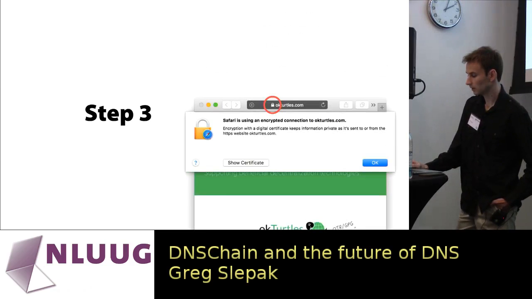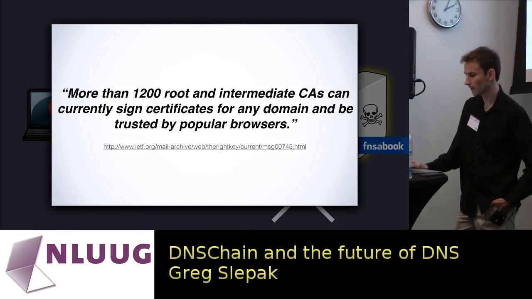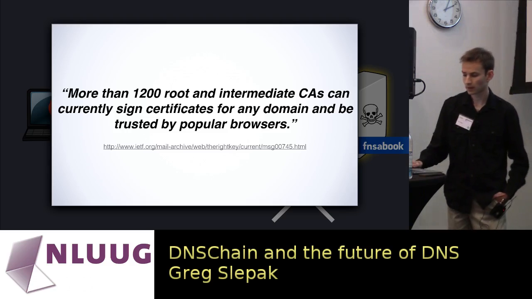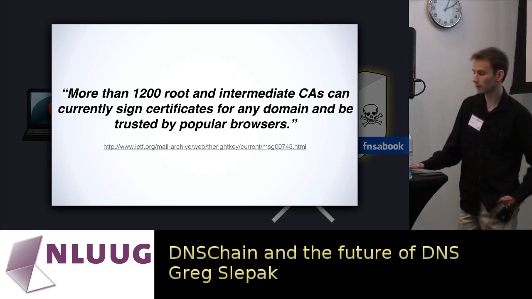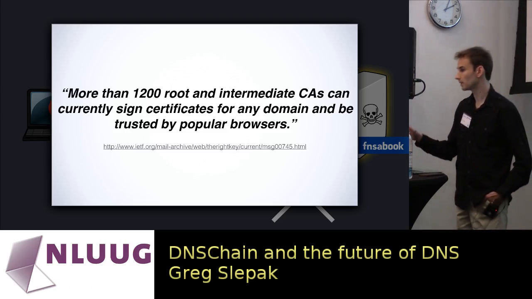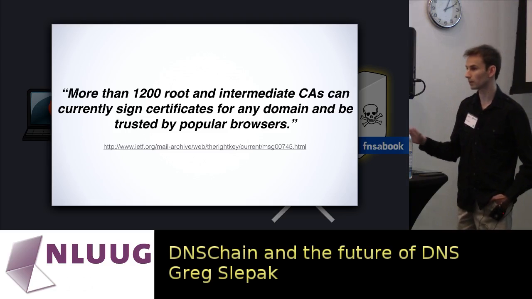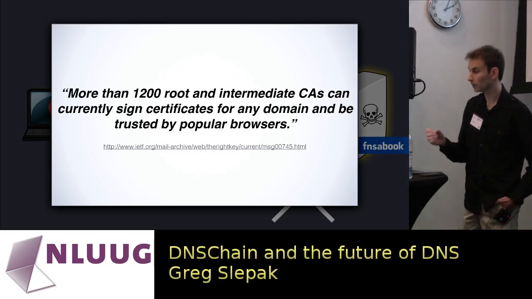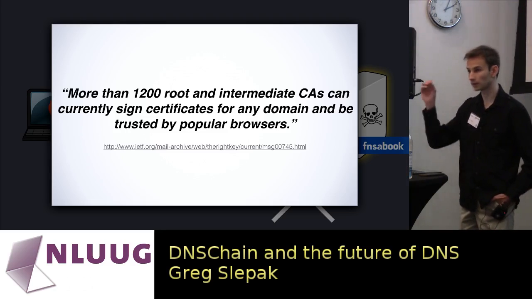So next I'm going to show a few slides from a video on our homepage on okturtles.com. This is a video on DNSChain. And one of the things that we point out is that there was somebody who ran the numbers, and across all desktop operating systems and across all web browsers, counting intermediate certificate authorities, there are about 1,200 entities who have the power to make that lock icon appear.